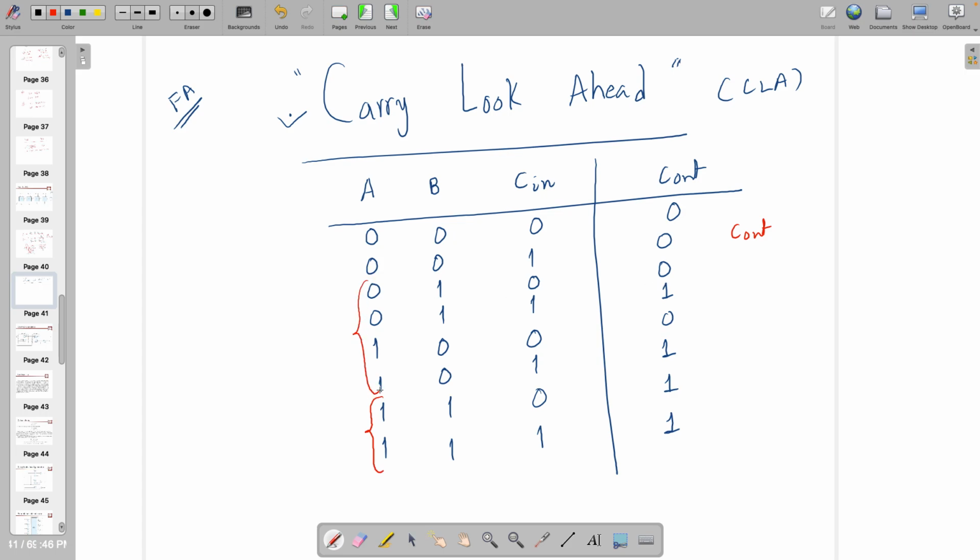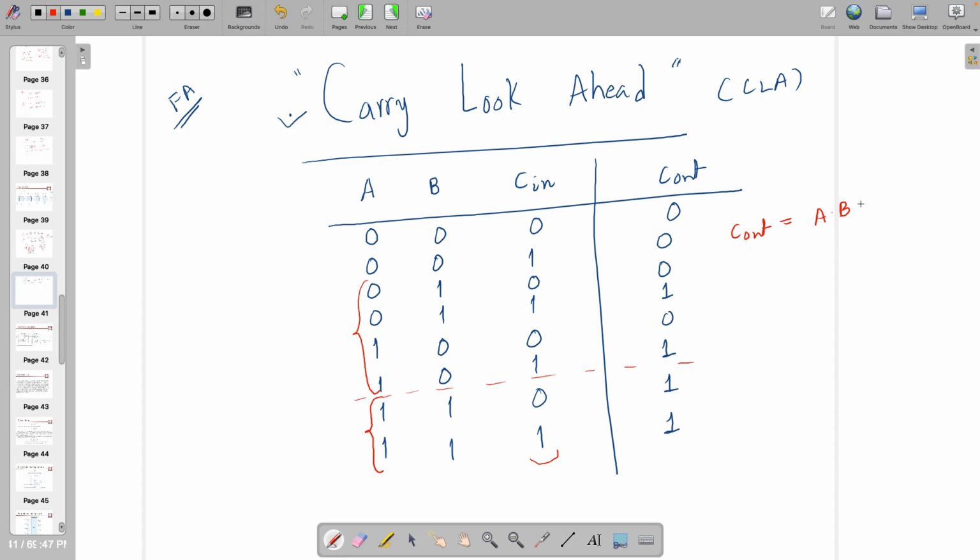No matter what C in is, C out is not depending on C in. C in is not at all coming into the picture, but C out is equal to A and B. Just looking at the two bottom lines, can you say that? For the others, we have to make it an OR.